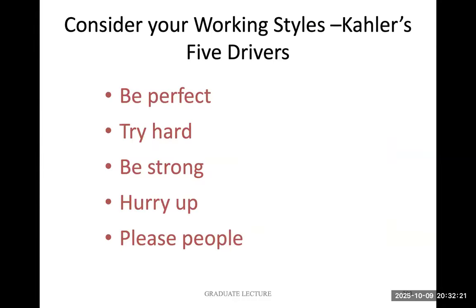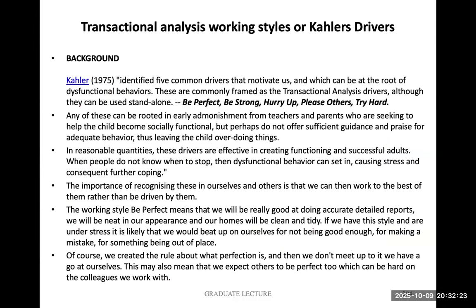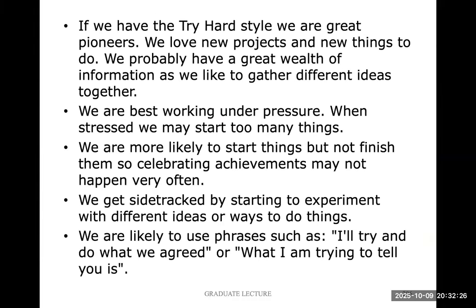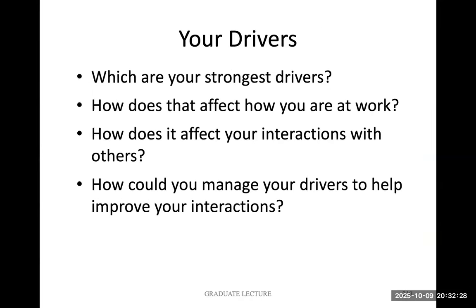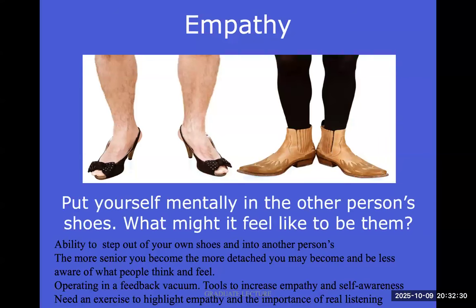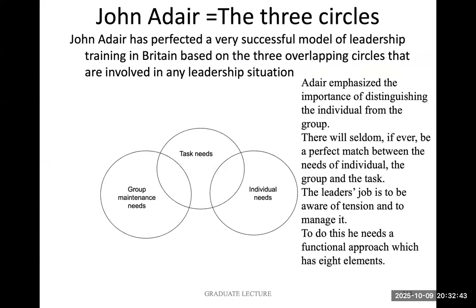These are 5 important drivers that will help you in your leadership journey. And a lot is said in your lecture note on how you can manage those drivers. Empathy. And the last chapter of this talks about leadership and effectiveness. How do you improve your effectiveness?